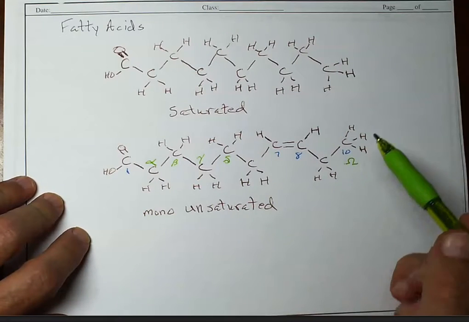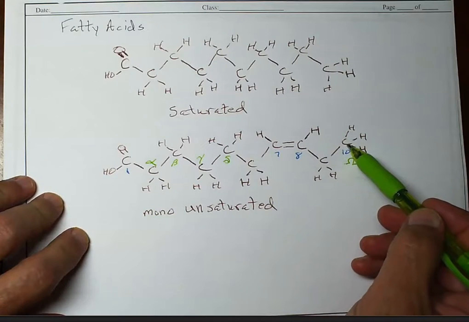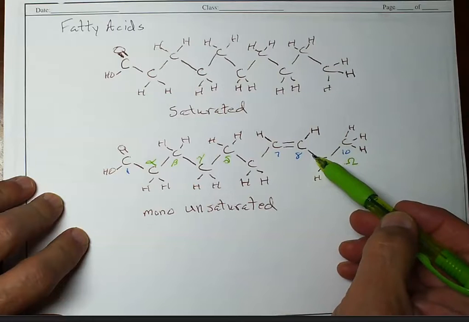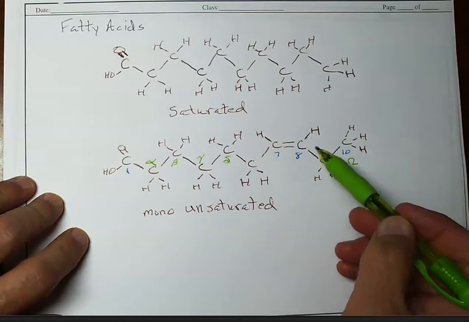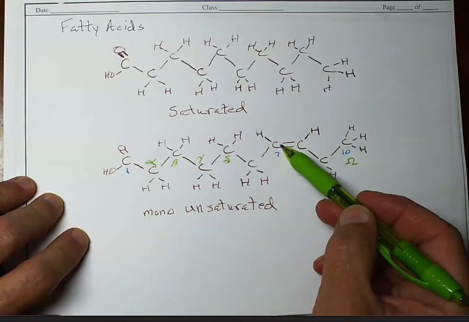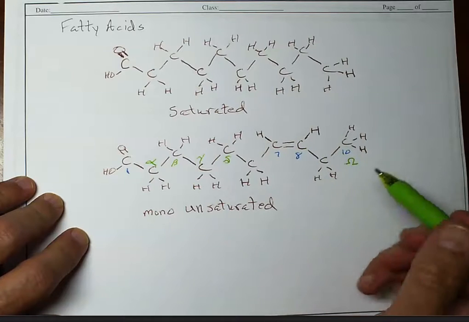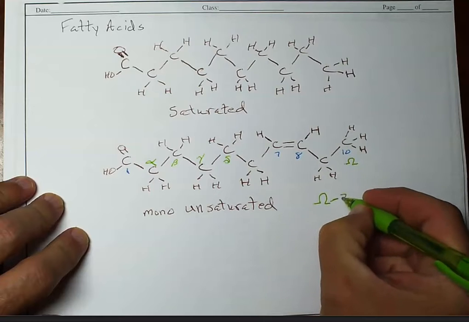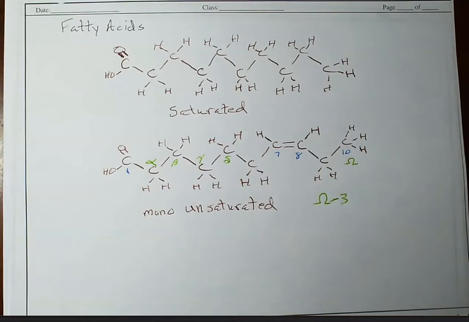And what is it about this? If this is the omega carbon, here's the first bond. Here's the second bond from the end. And this bond, the double bond, is the 1, 2, 3rd bond from the end. And that makes this an omega-3 fatty acid.